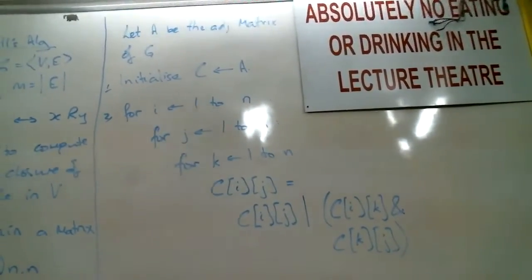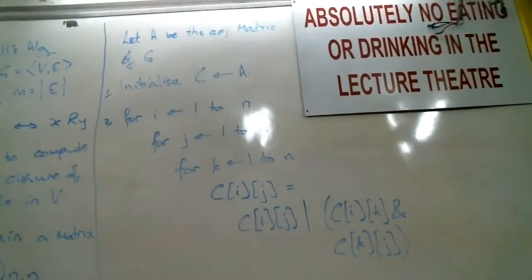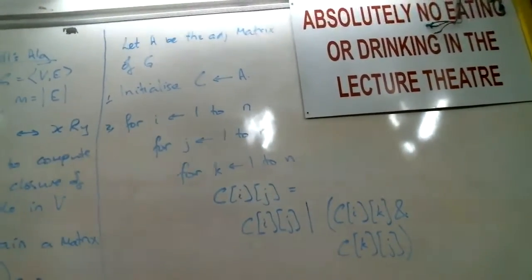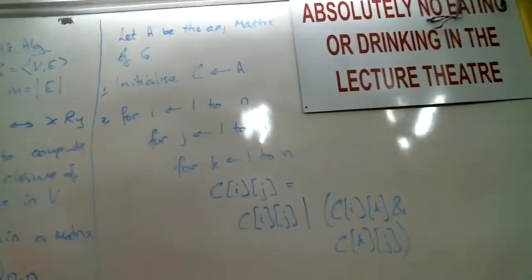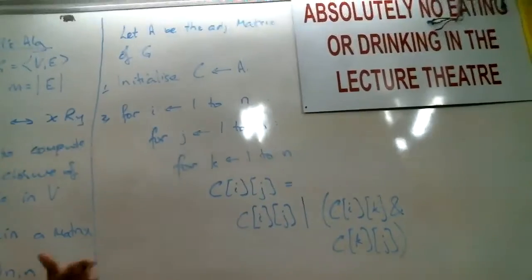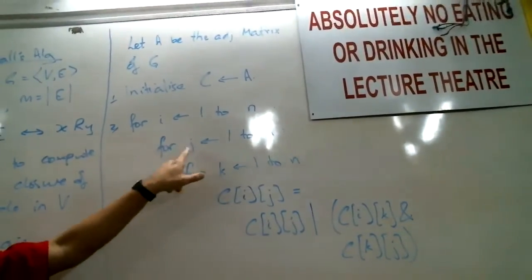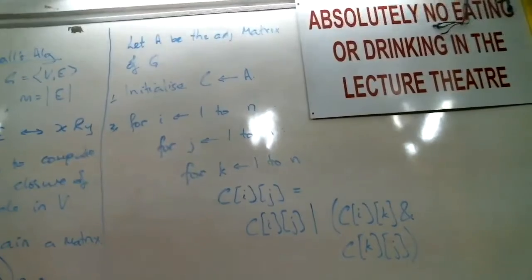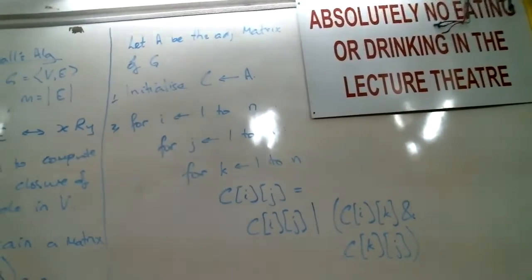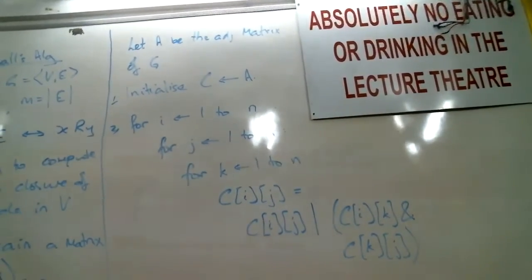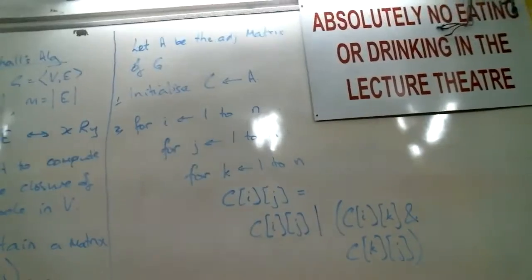That makes sense? And so in fact, for a single ij, you'd have now set the relationship for I to J dependent on whether it was possible to go via some other link to J.